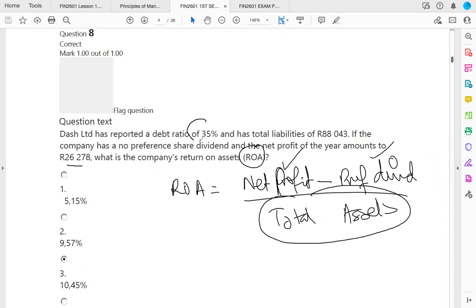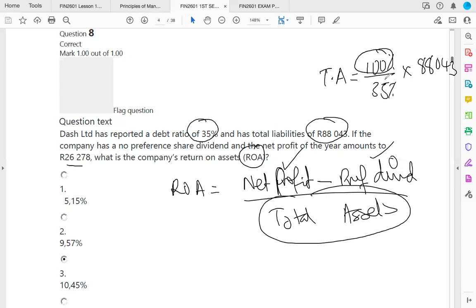If you've been given the debt ratio and your total liabilities and you want to get your total assets, a fast way of doing the calculation is simply to say 100% divided by 35% multiplied by your total liabilities. In other words, you can say 100% divided by the debt ratio multiplied by the total liabilities. That will give you the total assets.